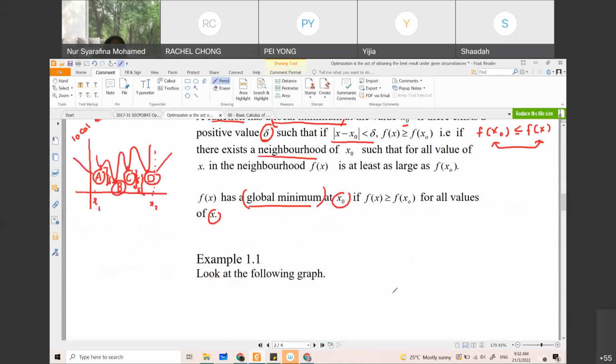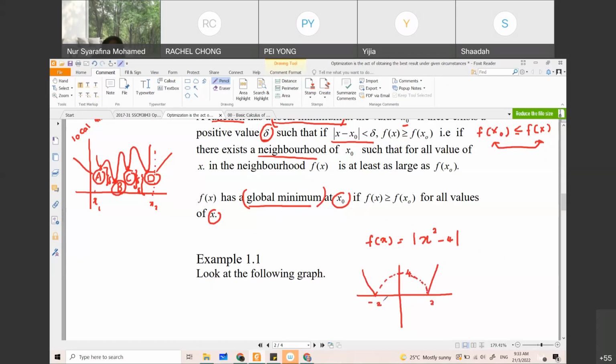For example, let's say we have f(x) equals the modulus of x squared minus 4. Graphically, we have x squared minus 4, and then this is the modulus. So this is the graph.